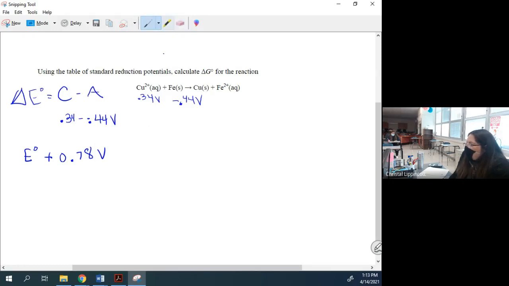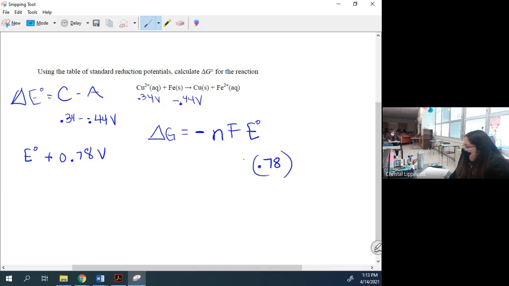They wanted us to calculate our delta G and say if this was going to run or not based on that. So my delta G is going to equal a negative nFE. My E is right here, that's the 0.78 we just calculated.